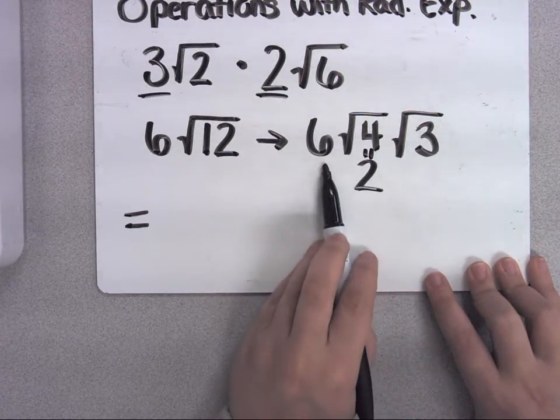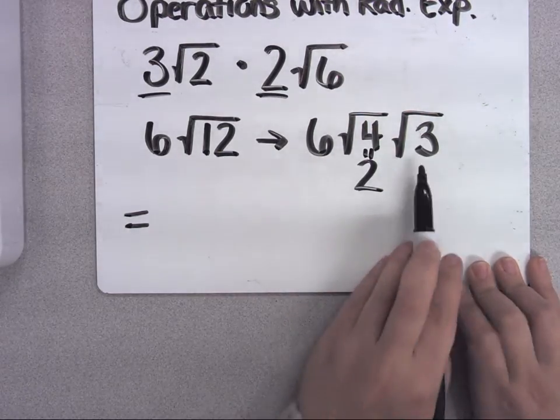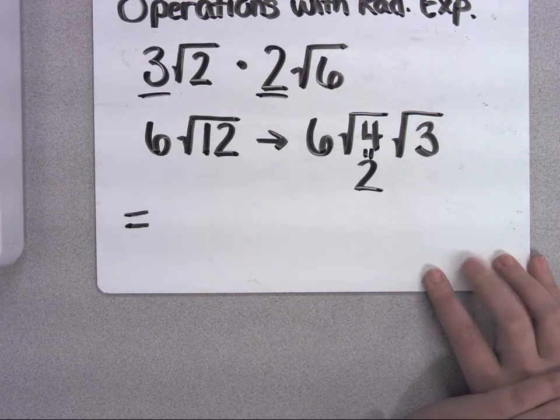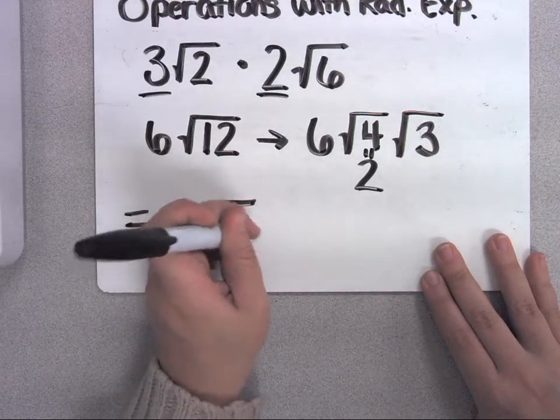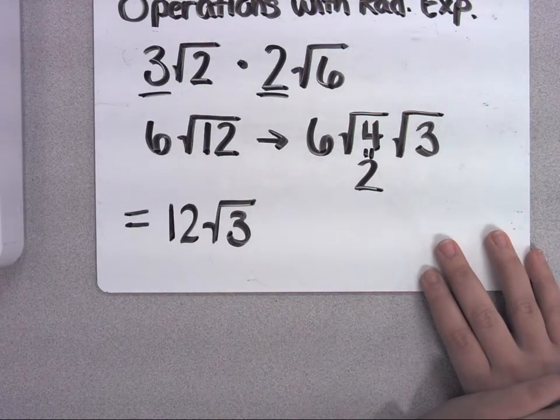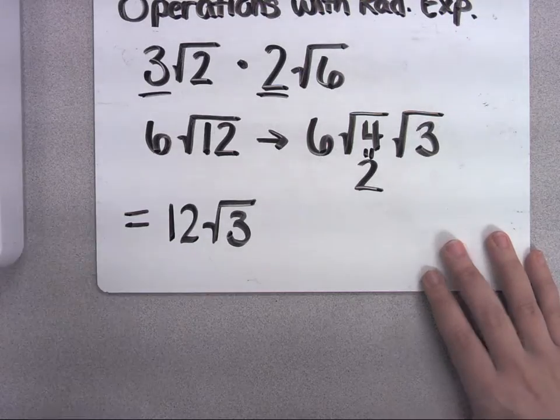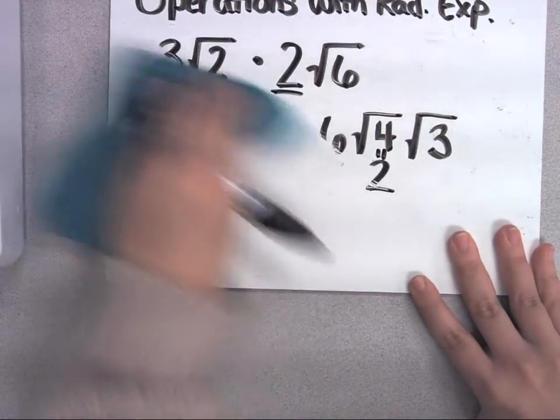We have the whole number 6, the whole number 2, and then we had this radical 3 left over. Yep. 12 square root 3 is the final answer. Easy peasy, lemon squeezy? Yes? I haven't said that statement in a long time. Okay.